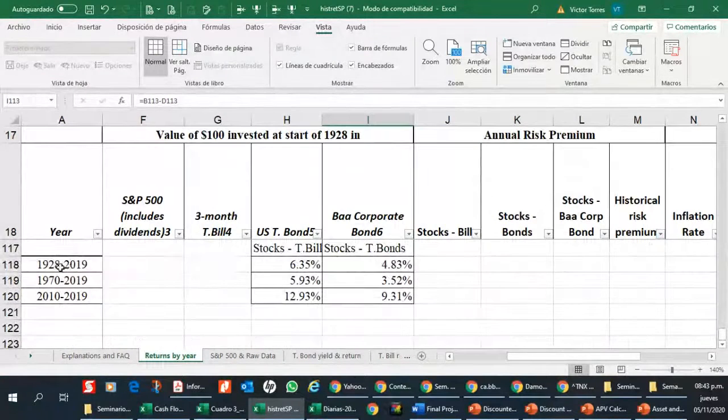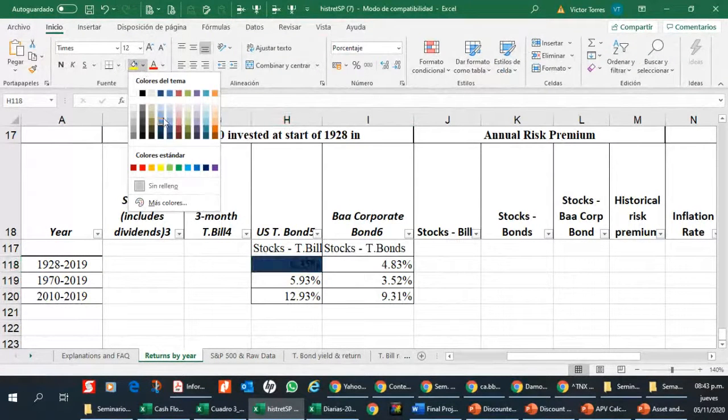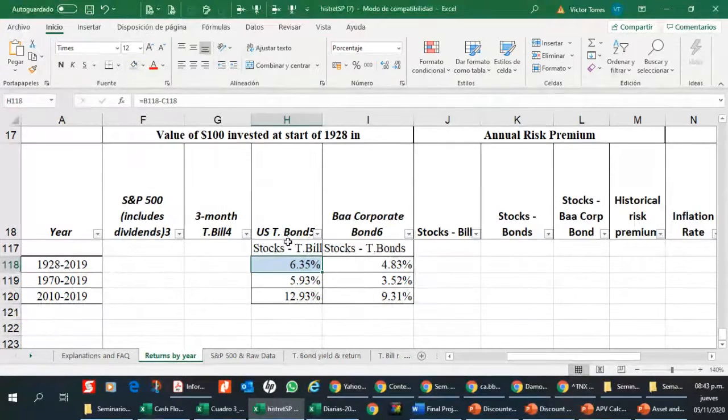By considering information from 1928, what we are basically doing is incorporating data that relates to economic recessions, economic crises, and wars that have occurred, not only the World Wars, one and two, but the Vietnam War, the oil crisis in the 1980s, the dot-com bubble that burst in 2000, and all the crises in the real estate market, with the CDO problem and everything.